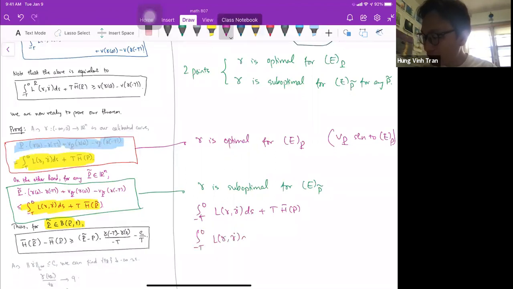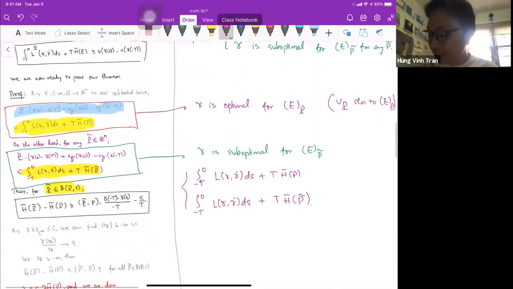It looks exactly the same. The only difference is h bar p and h bar p tilde. So when you take the difference, you see that h bar p tilde minus h bar p pops out naturally. That's just so beautiful, right?